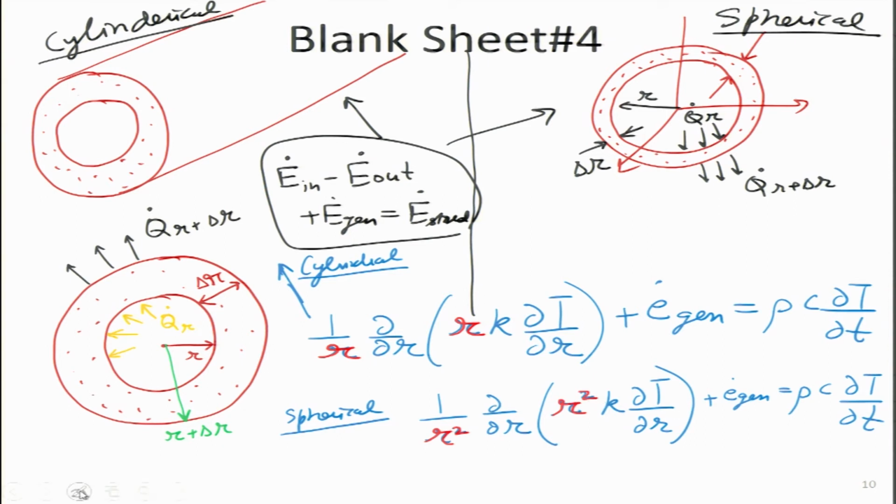And just for the sake of completion, let me again write that equation that we have already obtained for the plane case. So, this is the plane wall equation which we have already obtained in the previous slide.